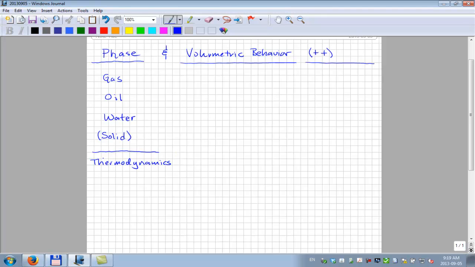Sometimes thermodynamics would be referred to as phase equilibria, or chemical equilibria. You may have heard of it referred to in this way in your previous courses, chemical equilibria.